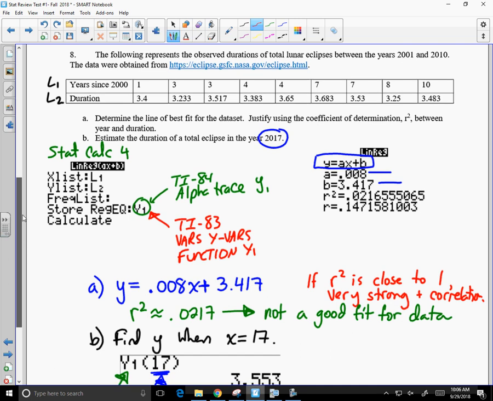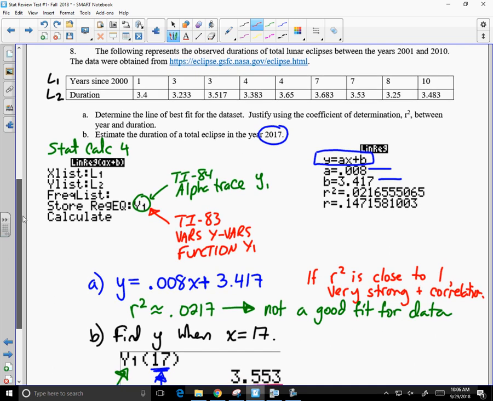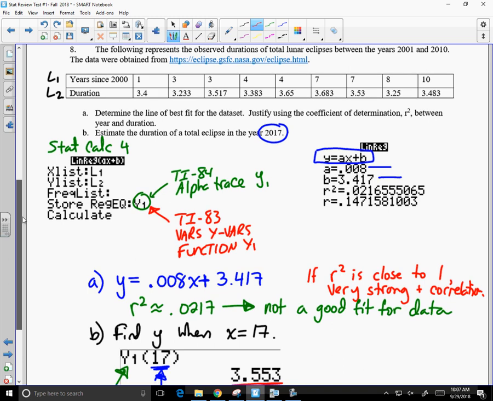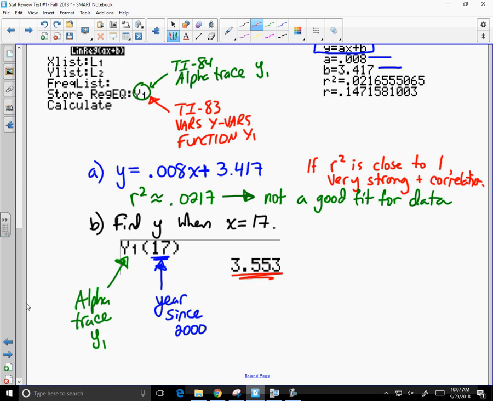It didn't give units, but I would imagine it's minutes. But it doesn't matter because it didn't give units, so we're not on the hook for the units. All right, so this would be just duration. But seconds and hours don't seem to make sense in this context.